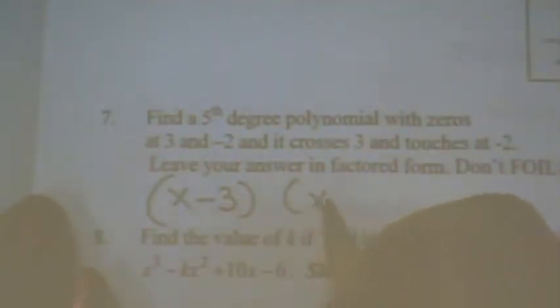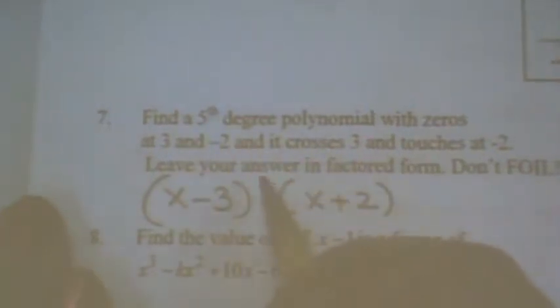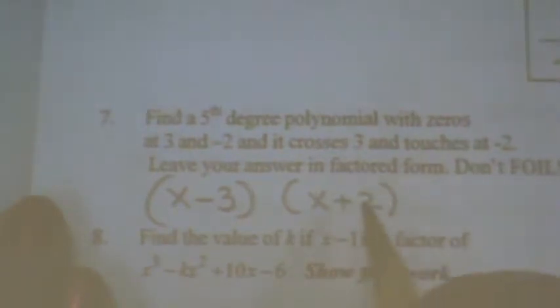sense. Number 7, find a 5th degree polynomial with zeros at 3 and -2. So we have a 0 at 3, so you're gonna have x minus 3, and you're gonna have x plus 2. And it's saying we want a degree of 5, so these two powers have to add to be 5.